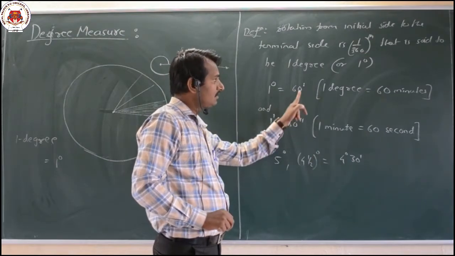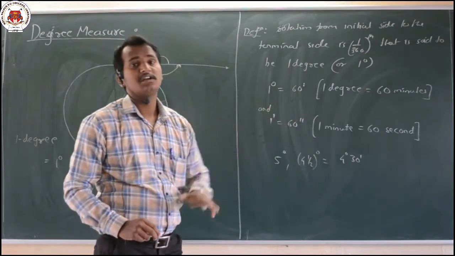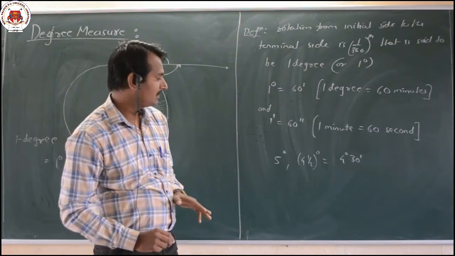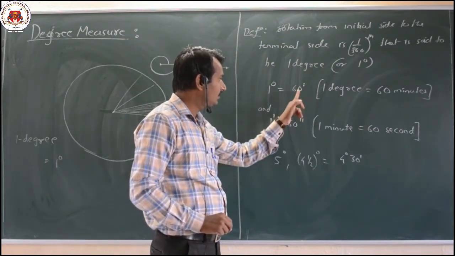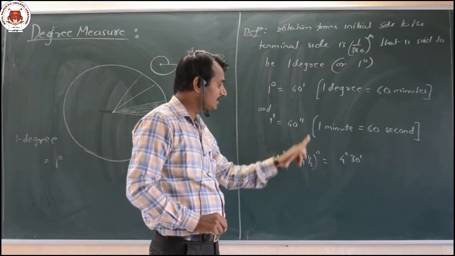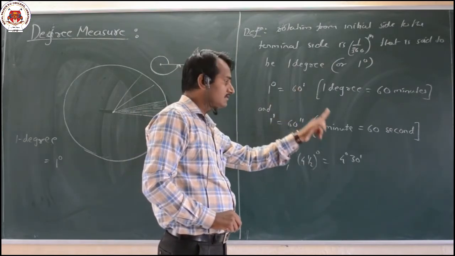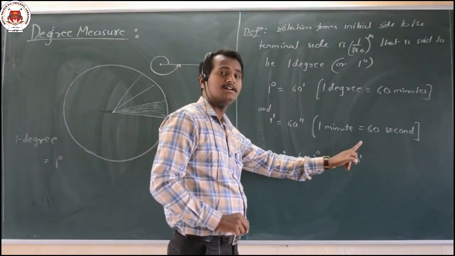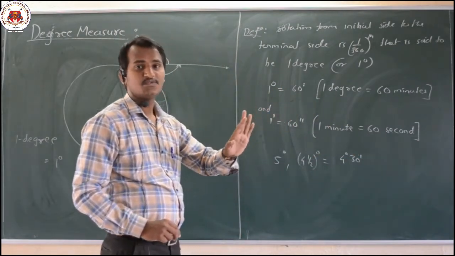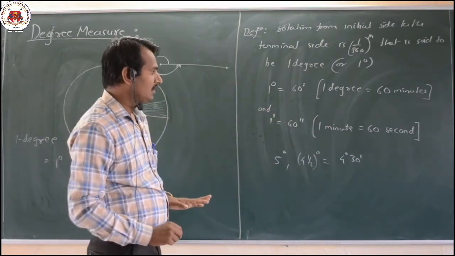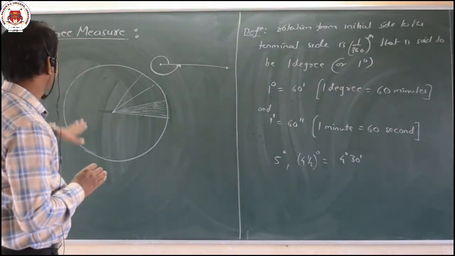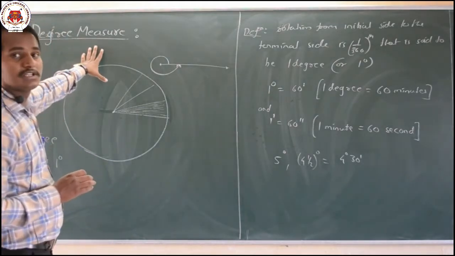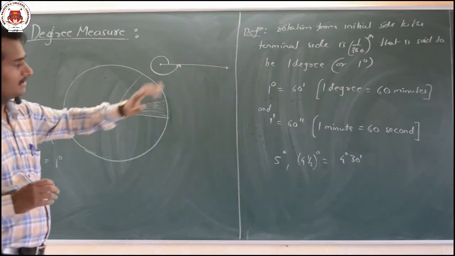So easily you can do it: 4 plus 1 by 2 times 60 minutes, what do we get? 4 degrees and 30 minutes. That is your required answer here. Dear students, it is a very simple concept, and that is what we call degree measure.